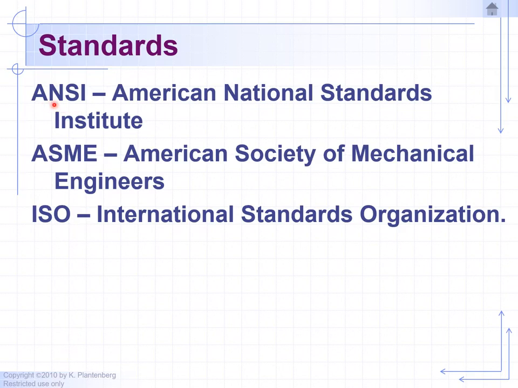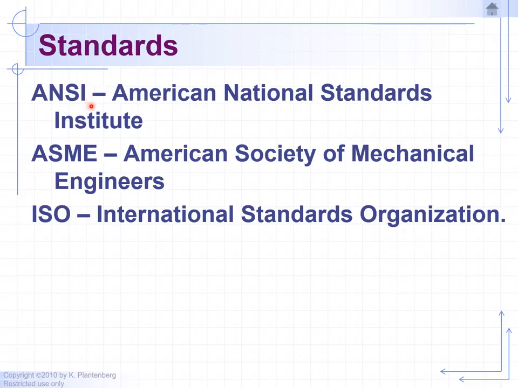So let's go ahead and go over some of these groups. We have the ANSI group, which is the American National Standards Institute. We have the ASME group, American Society of Mechanical Engineers, and we have the ISO group, the International Standards Organization. So these groups get together on their own, and they're made up of professionals, sometimes retired engineers or retired professors, and they come up with the standards that we follow.